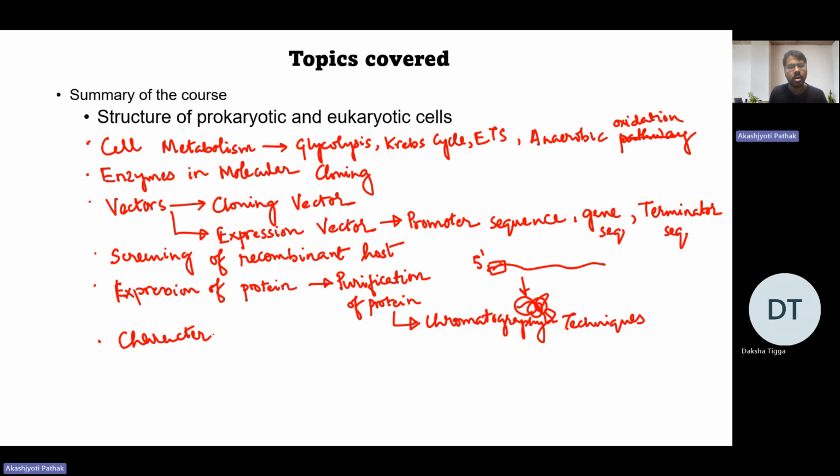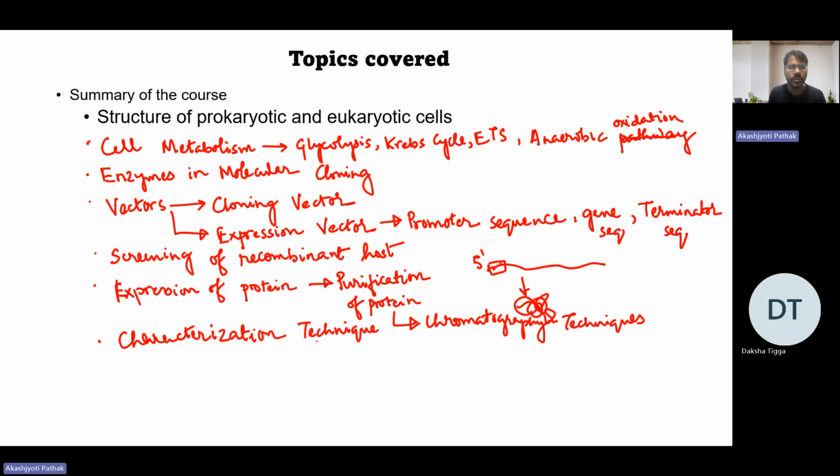Whether your protein is folded, what is the oligomeric status of the protein? Does it exist as a monomer? Does it exist as an oligomer or a dimer? So all these come under the characterization techniques.